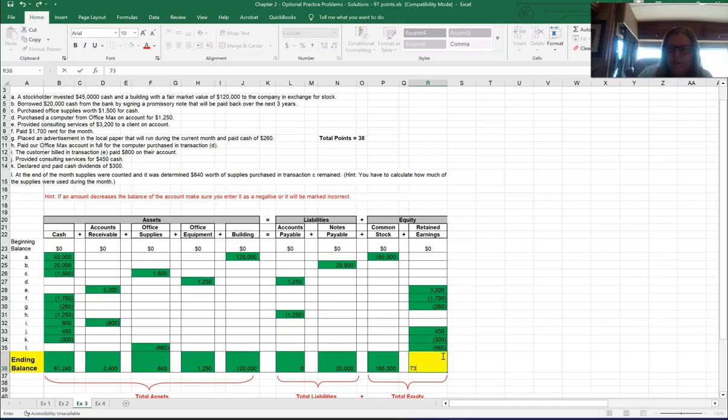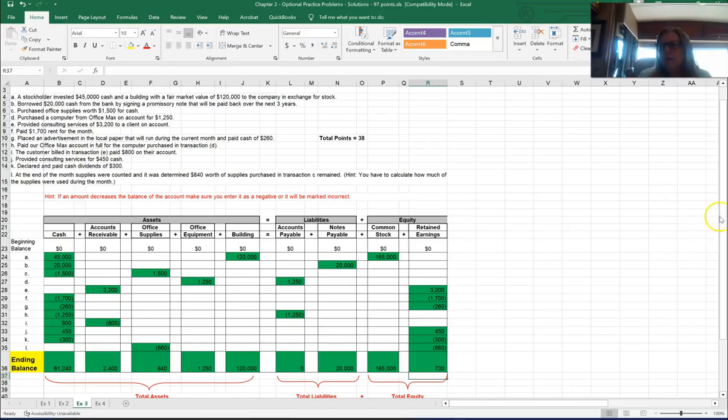So we have $730 left that we've retained into the business, right? Retained earnings means what revenue did we have minus what expenses we had minus whatever we paid out to the owner in the form of dividends. That's how much profit we had that we're retaining in the business and didn't pay out to the owner.